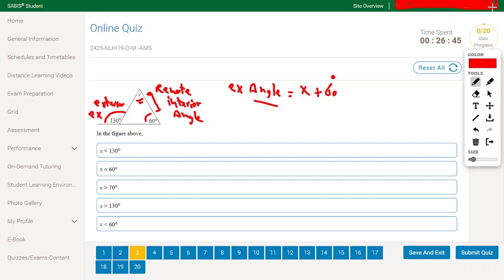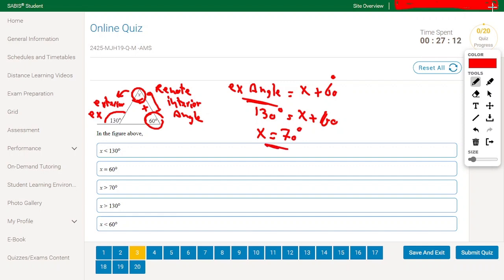So the exterior angle is 130, equal to x plus 60. The sum of the two remote angles equals the exterior angle. So here x will be equal to 70 degrees.